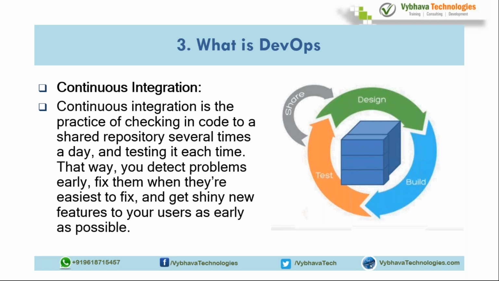Once design, build and test are successful, we make one pack, that is a Docker image. This image will be placed in one common area so that every other team can use it, or multiple testing teams can use it.